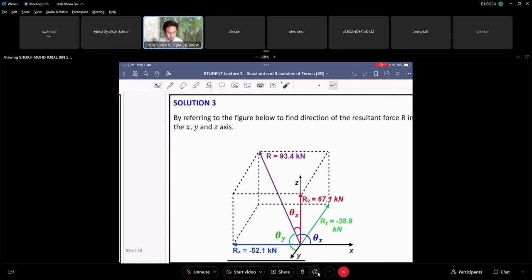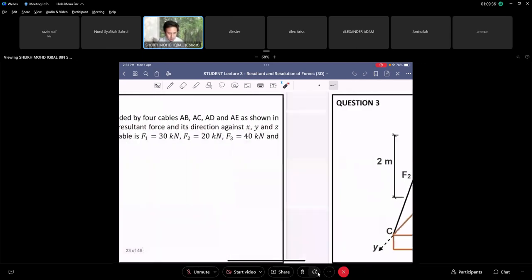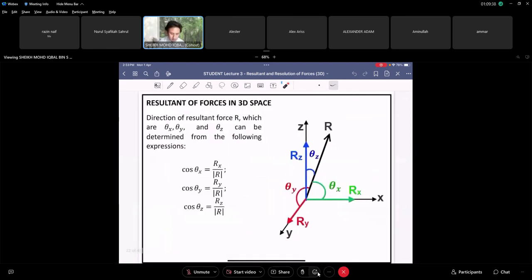Okay? So yeah, that's it. That's how you calculate the angle of Rx over the magnitude of R, right? Straightforward, it's the same thing as the calculation of magnitude and direction in 2D space.